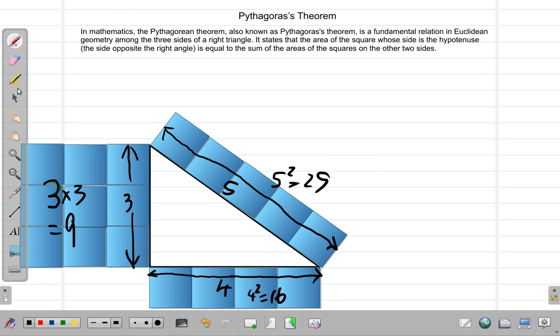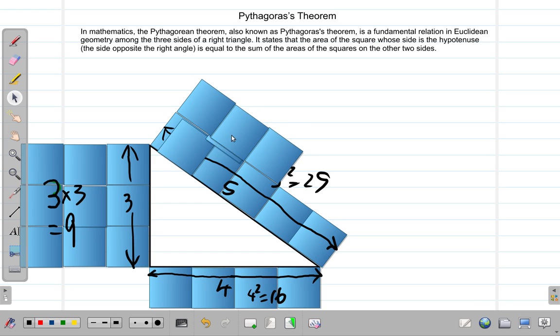Right? And by the way, we could fill out some more squares here too. Let's see. Pasting squares. So we have 1, 2, 3, 4, 5 squares there.